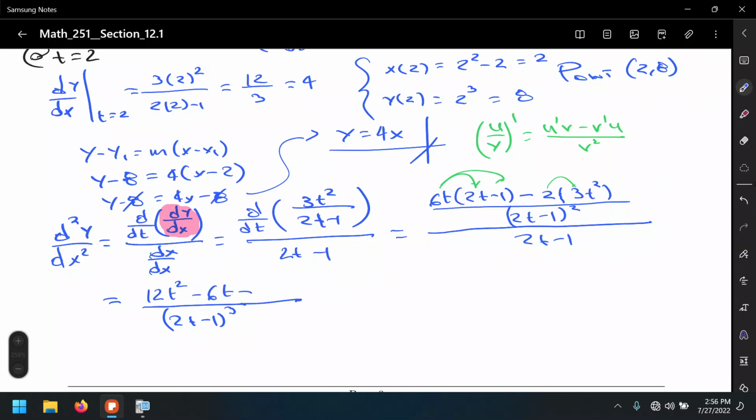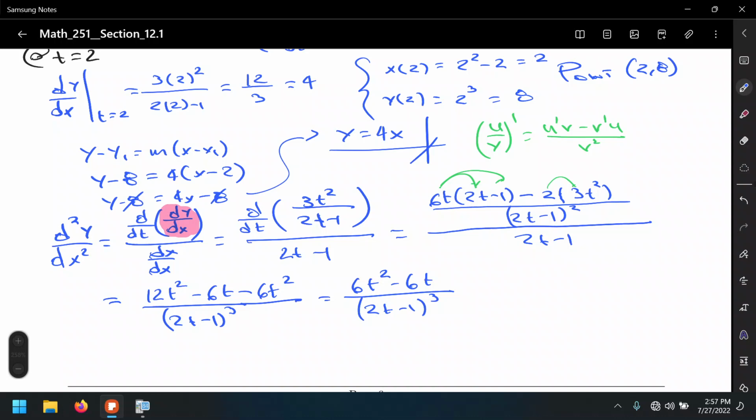And minus 2 times 3, which is 6t squared. Oh, some terms are going to get cancelled because these are like terms. So 12t squared minus 6t squared, that's going to be 6t squared minus 6t, whole thing over 2t minus 1 quantity cubed.